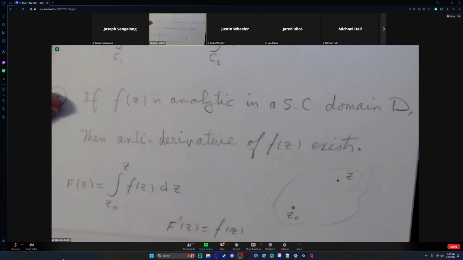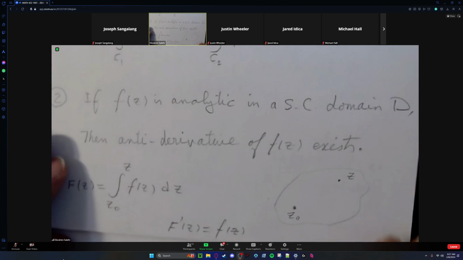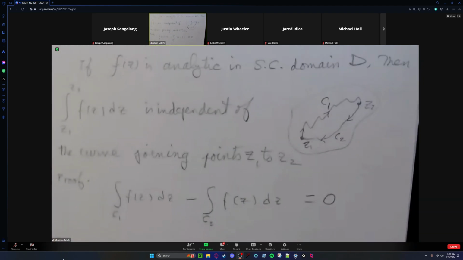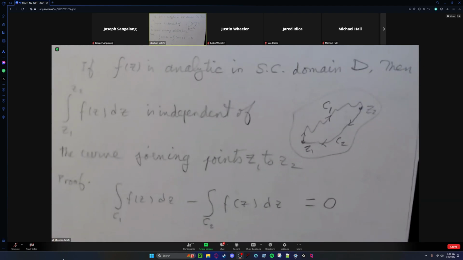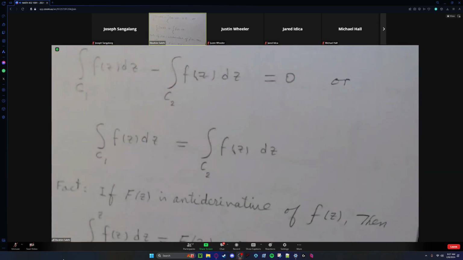And we can easily prove that its derivative is this one. So if the function is analytic, its derivative exists. That's a very interesting, I would say, second important consequence of Cauchy's theorem.